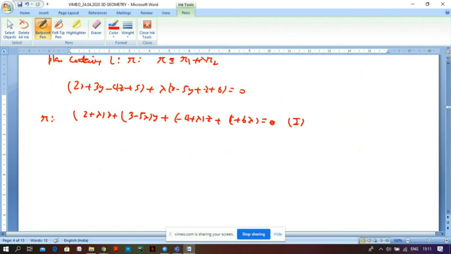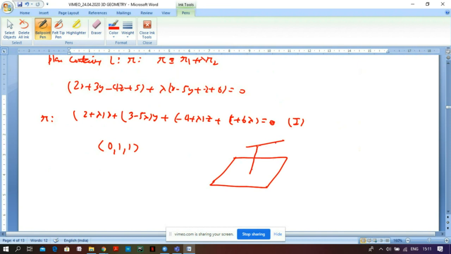Now this plane pi is also parallel to some line. The line is given, with DR as we found, 0, 1, 1. So this plane is parallel to that direction. It means that if I draw a perpendicular from any point P, it is also perpendicular to the line because they are parallel.